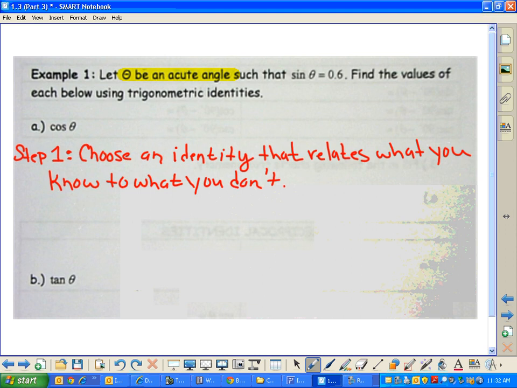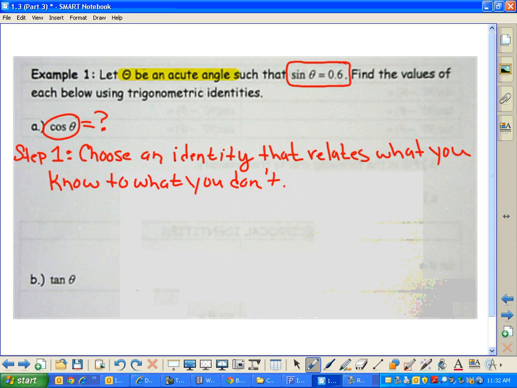So in this case, they did give us a piece of information. They told us that the sine of theta is 0.6. And then what we don't know right now is what the value of the cosine of theta is.